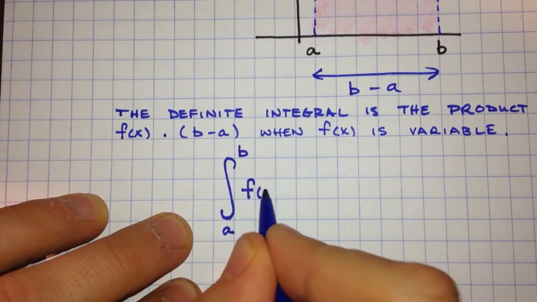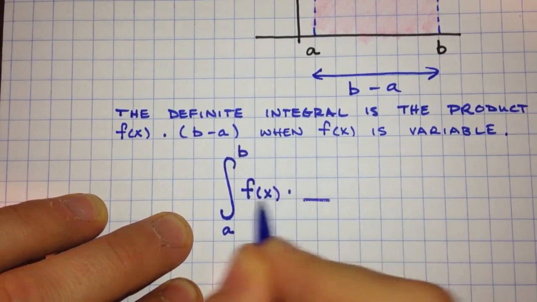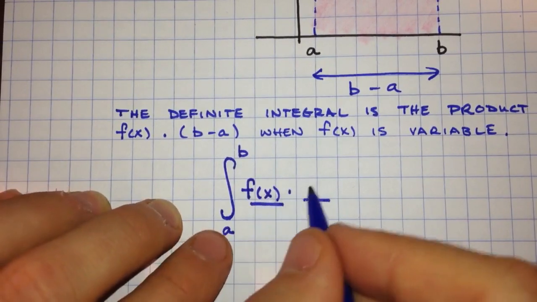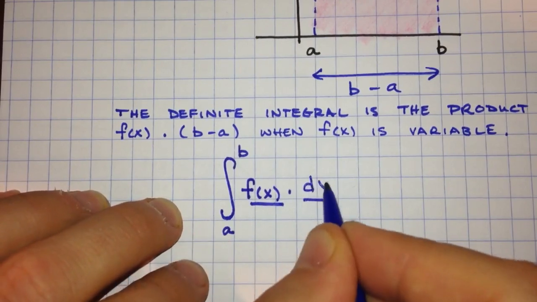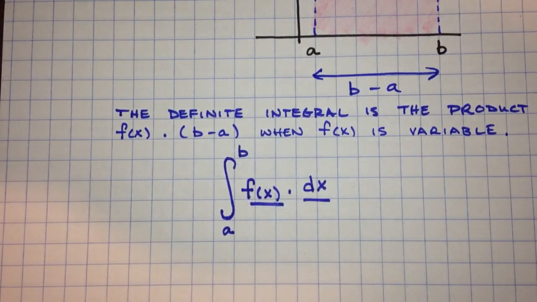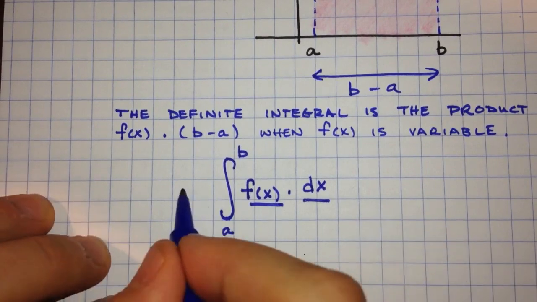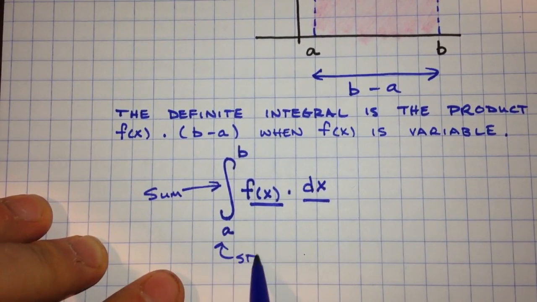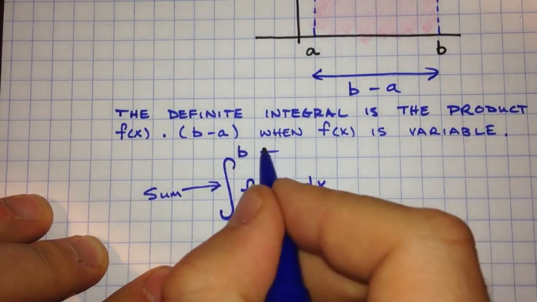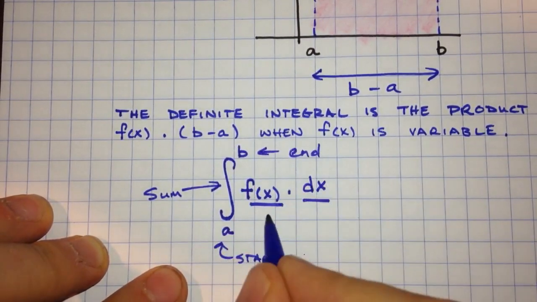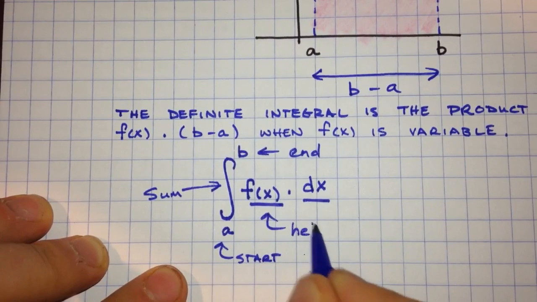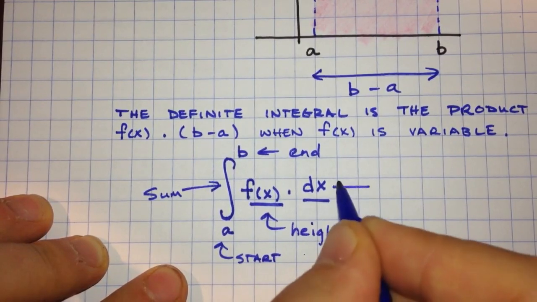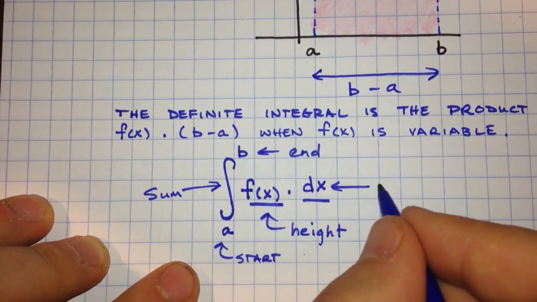And it's the sum of a product. That product is f of x and the change in x, which we're going to call dx. Okay, so again, this means sum. This is your start. This is your end. This is the height of the rectangle. And this right here is the width.